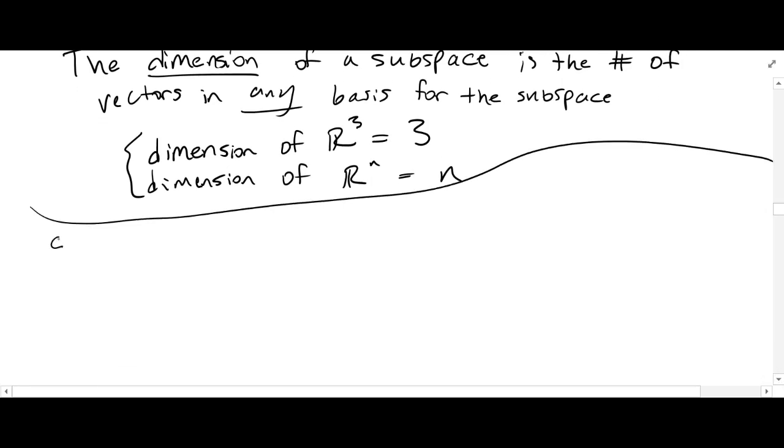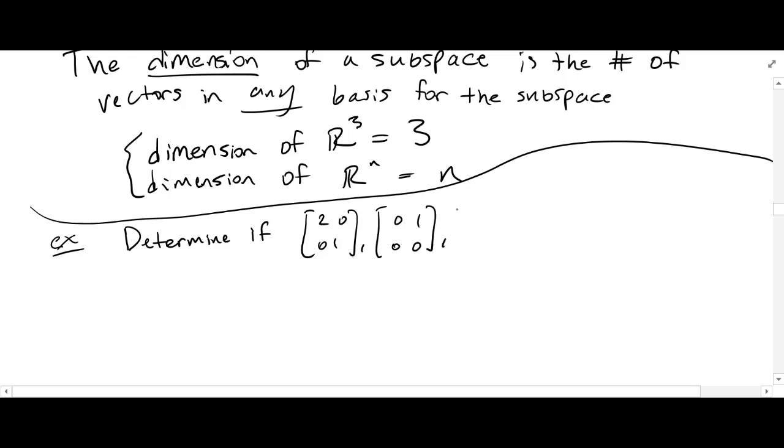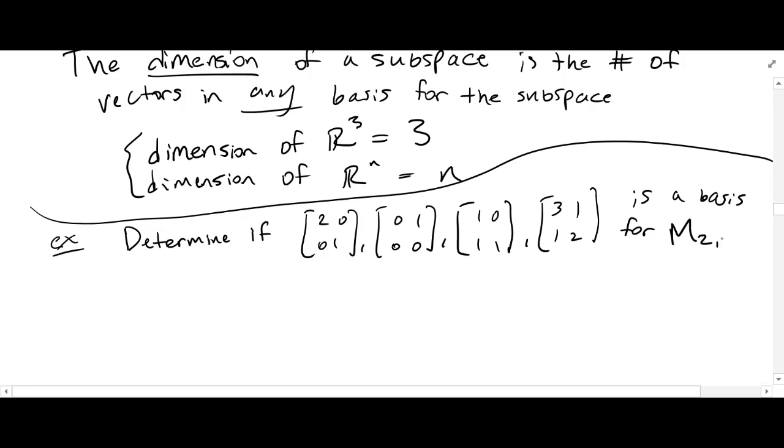Example: determine if this set of matrices, this way, 0, 1, 0, is a basis for M2,2, which is the set of 2 by 2 matrices, the vector space of 2 by 2 matrices.